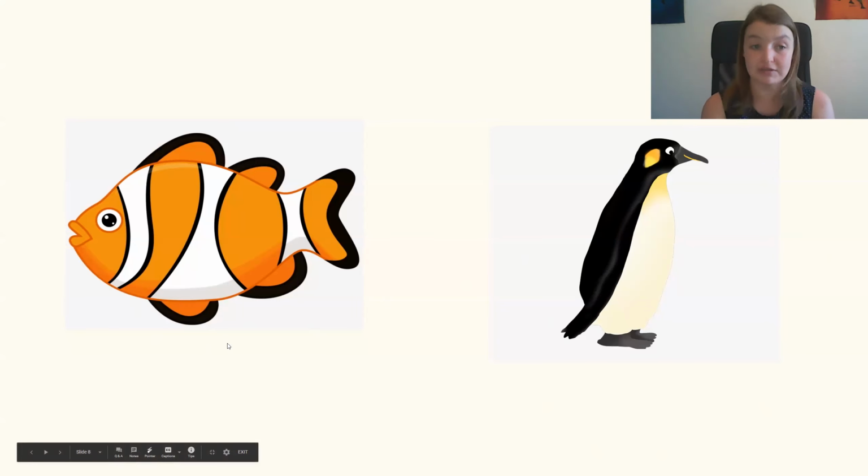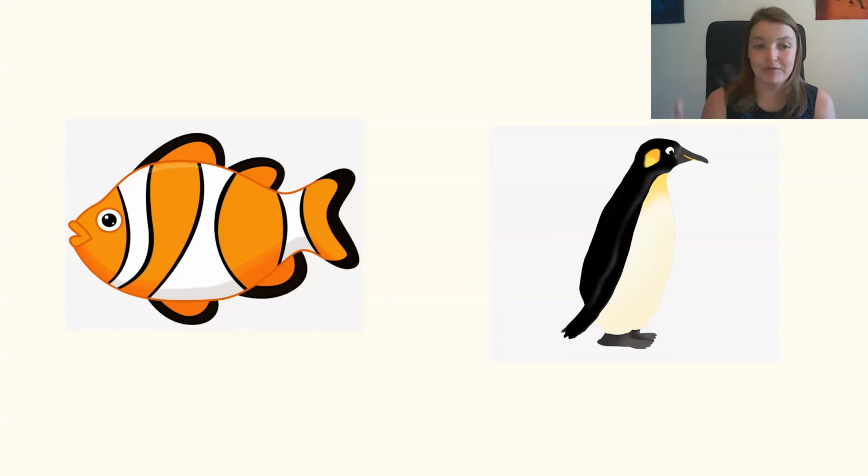Fish do not survive outside of water. They need their water to survive, and that's where all their food is. A penguin, however, lives in a colder habitat outside of the water. It does swim in water and fish in the water, so it needs to be close to water, but it definitely needs its rocks as well. So a place that an organism lives in will be different for different animals or different organisms.